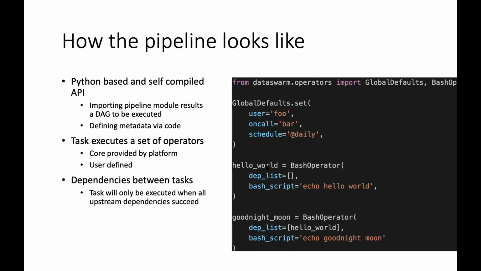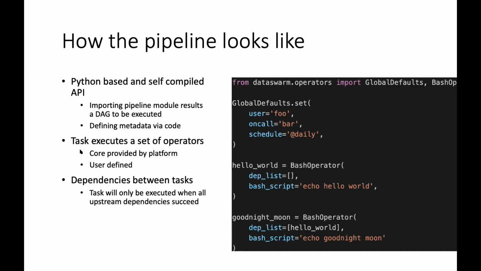The name of the global variable would be the key, that would be the task name of this operator instance. And then you can also see there is a deps list in each of the operator definitions, which represents the dependency between tasks. So basically, what this says is that goodnight moon will run after hello world finishes successfully. So this creates a dependency.